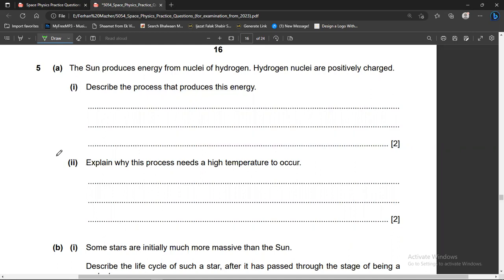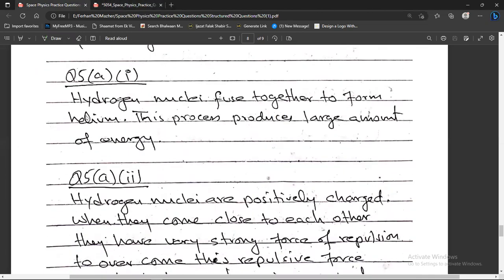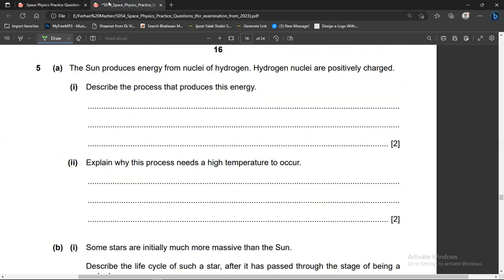In this, the smaller nuclei fuse, hydrogen nuclei fuse into each other, and they make helium nuclei. This is the fusion process, and this produces an enormous amount of energy. Okay. So hydrogen nuclei fuse together to form helium. This process produces a large amount of energy.